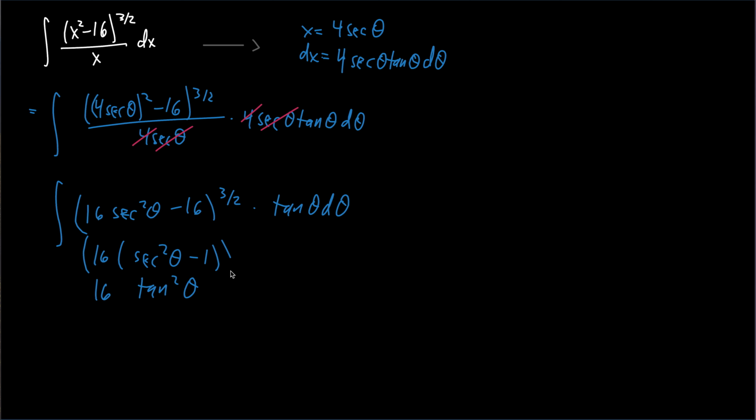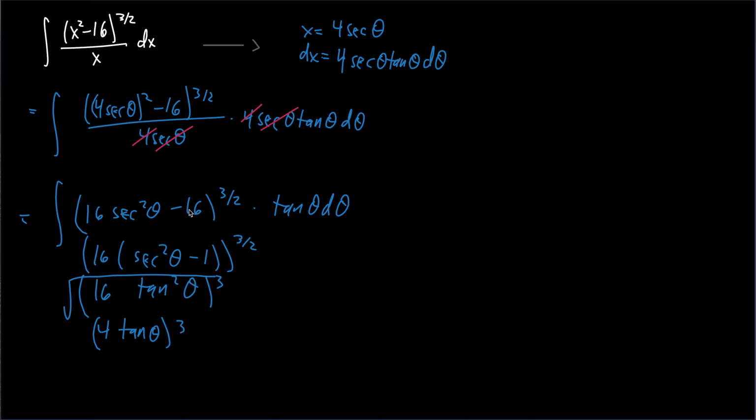And then all of that was to the 3 halves. In this case, I'll rewrite 3 halves as a root, so we're going to have this cubed. Then I take the square root of this. The square root of 16 we know is 4, the square root of tan squared is tan, and then we're left with that thing cubed.